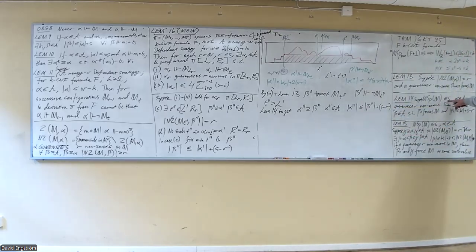So this, we have the space bound, alpha guarantees R non-zeros. Then there exists a beta, which is our alpha double prime, that forces M.